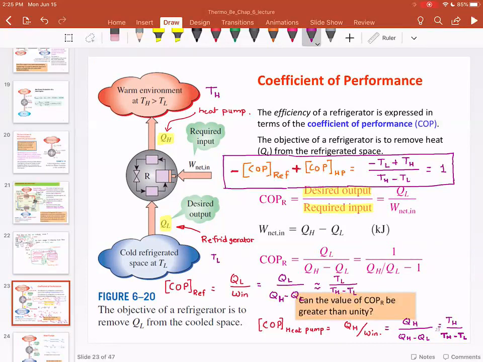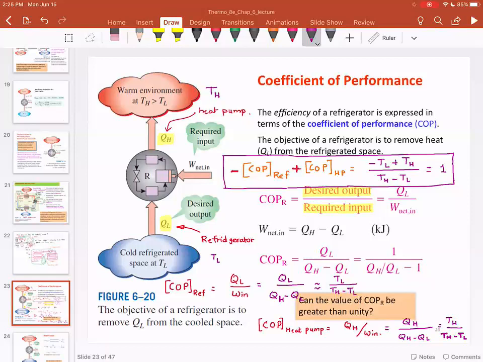So COP of heat pump minus COP of refrigerator is equal to 1. In other words, coefficient of performance of the heat pump is 1 plus coefficient of performance of the refrigerator, assuming the same system is used as heat pump and refrigerator.